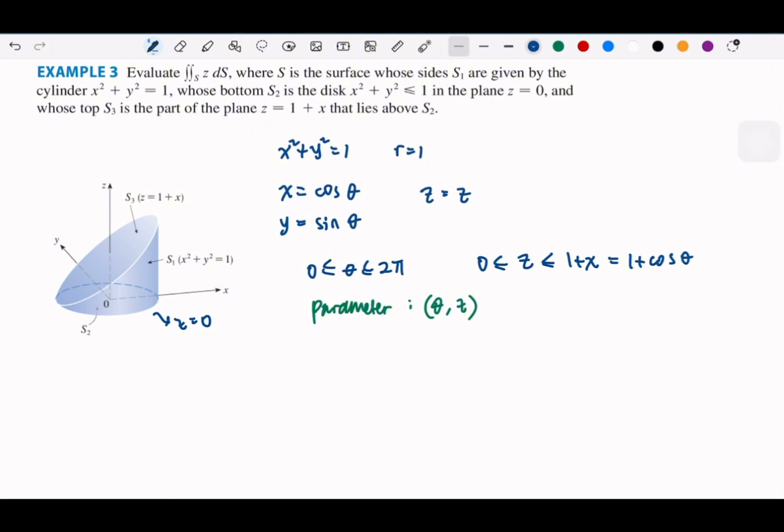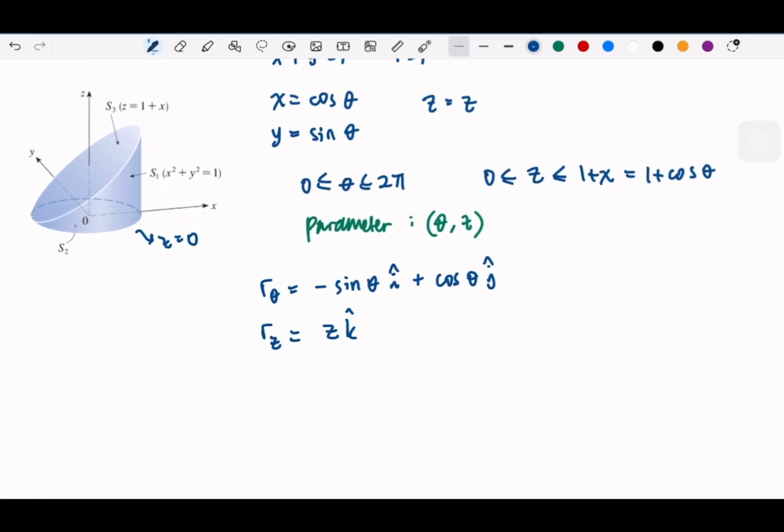Suppose that we can write r theta is negative sine theta i plus cosine theta j, and rz, all 0 and only have one z, so this is zk, right? We can make this a cross product, so let's cross this.